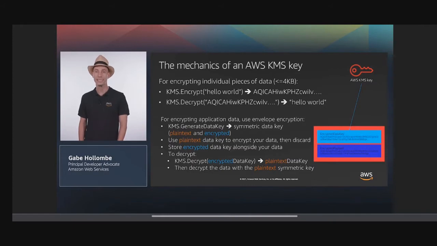The way this works is that KMS first generates a symmetric encryption key. Then, it cycles through your data in 4 kilobyte chunks and encrypts it. Then it encrypts the symmetric encryption key with the KMS managed key. And finally, it stores the encrypted symmetric key alongside the encrypted data. When it needs to decrypt the data, it first decrypts the symmetric key and then uses that key to decrypt all of the encrypted data for you.